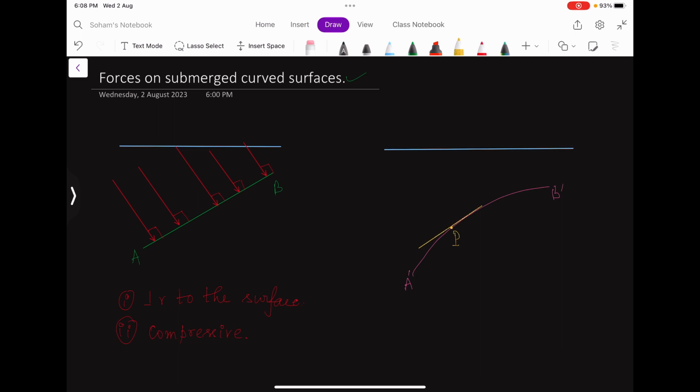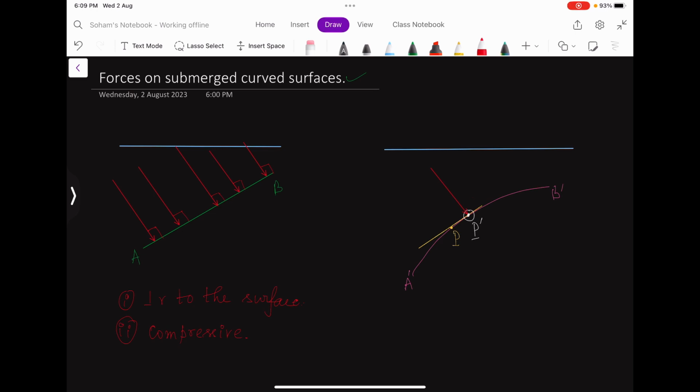This line looks like a tangent at this point P dash. Just out of coincidence, I have drawn a tangent at P dash. So let us consider the point P dash for analysis. Then the direction of force on P dash will be this one.